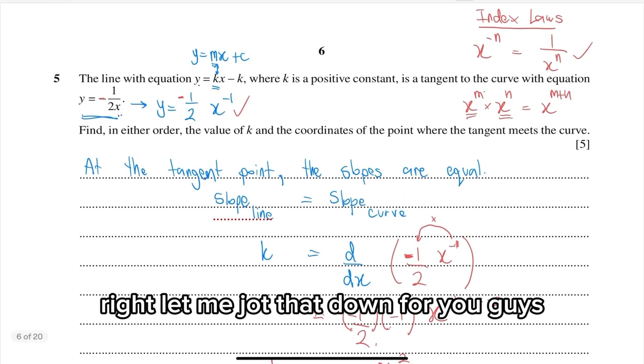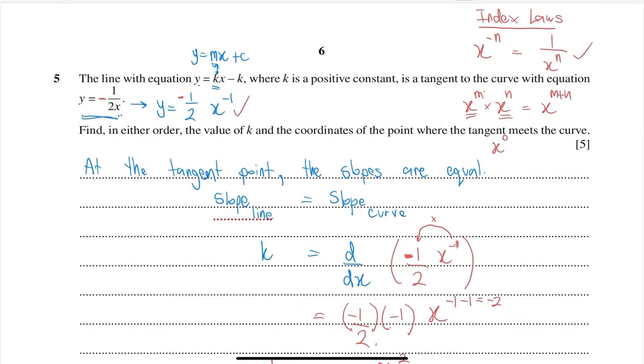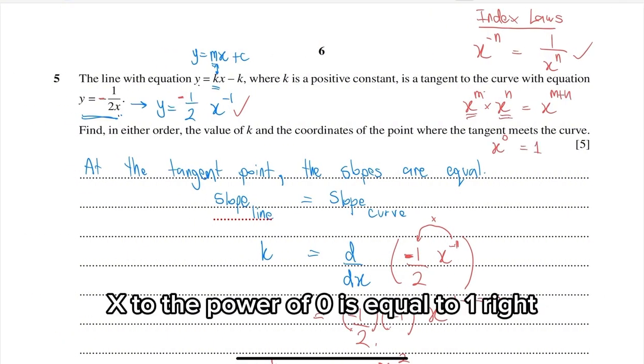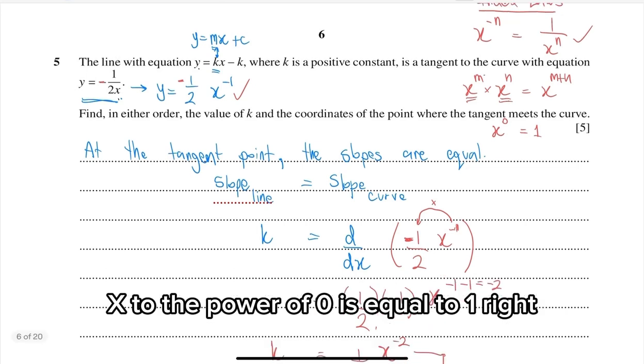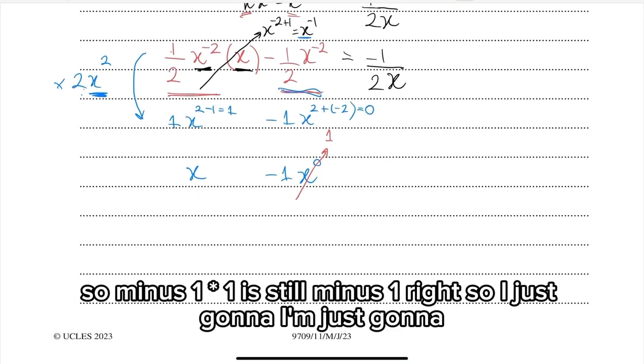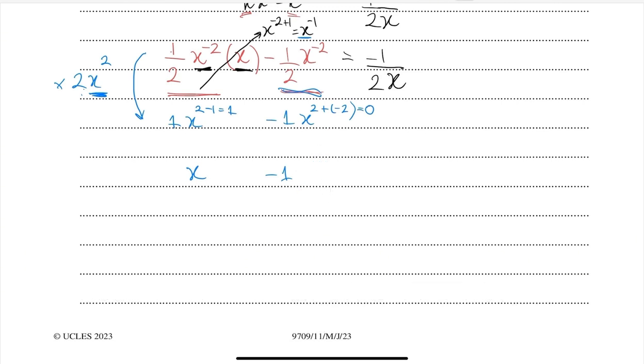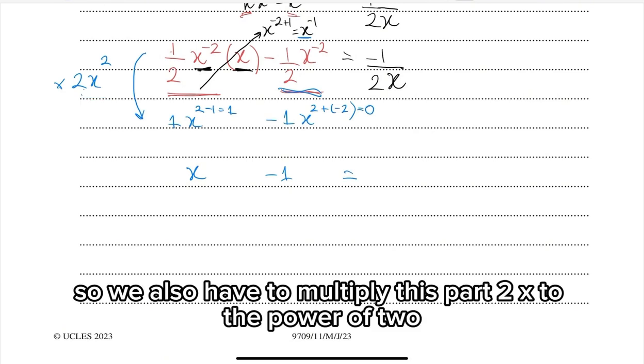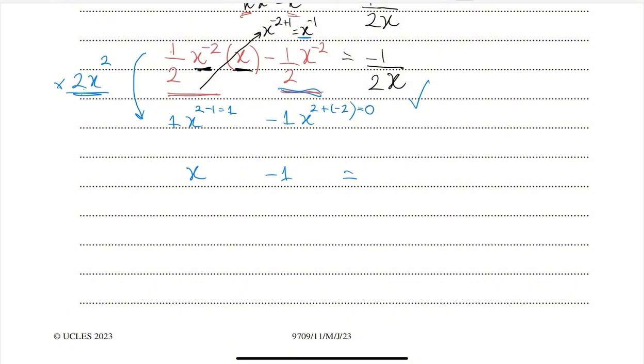And according to the index law, x to the power of 0 is also 1, right? Let me jot that down for you guys. X to the power of 0 is equal to 1. So minus 1 times 1 is still minus 1. So we also have to multiply this by 2x to the power of 2 on the right hand side here.